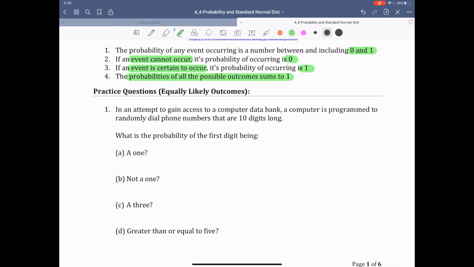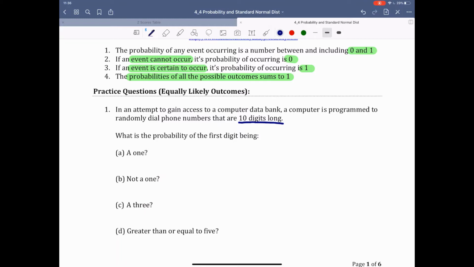These are for events that are equally likely to occur. Okay, it says, in an attempt to gain access to a computer data bank, the computer is programmed to randomly dial phone numbers that are 10 digits long. What is the probability that the first digit is a 1?